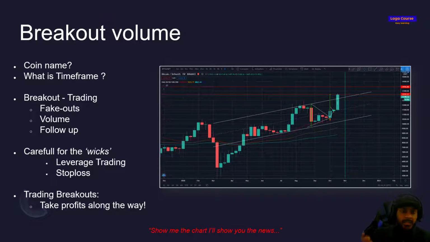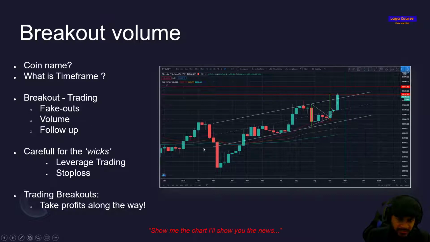Because one person can also buy a lot of Ethereum, but it's only one person, which indicates that the volume is low. So this person can just fake pump the markets with a lot of money, and then when some people buy in, he will sell it all. So the volume is an important indication to see if a breakout is legit or not.